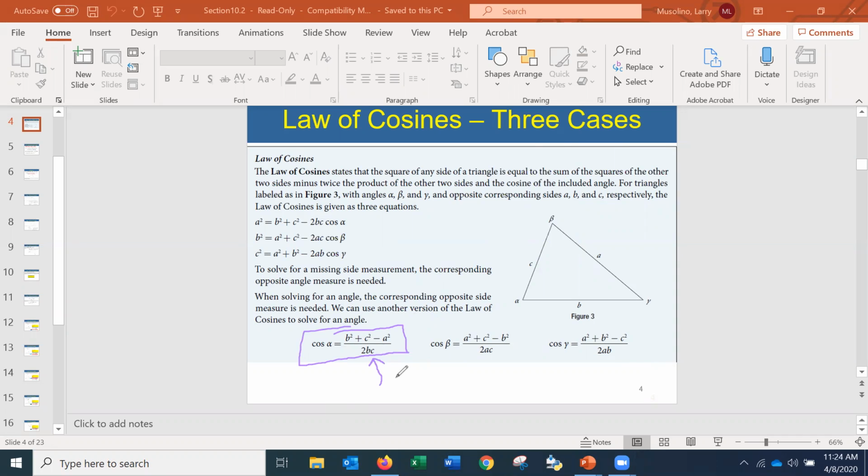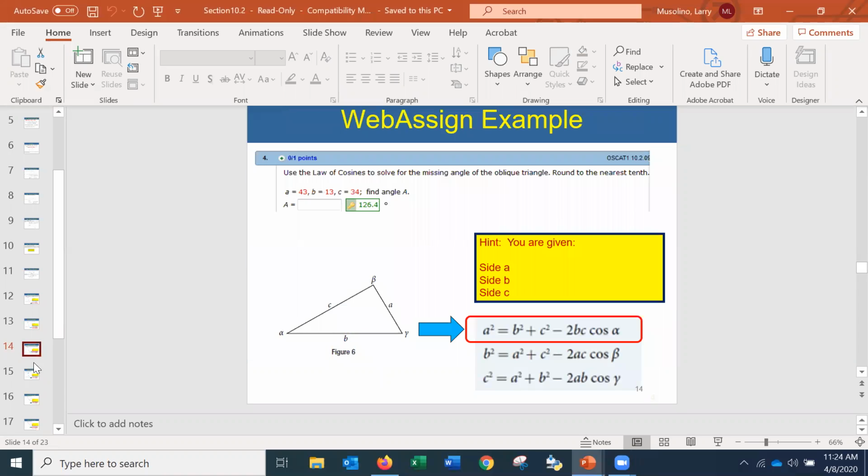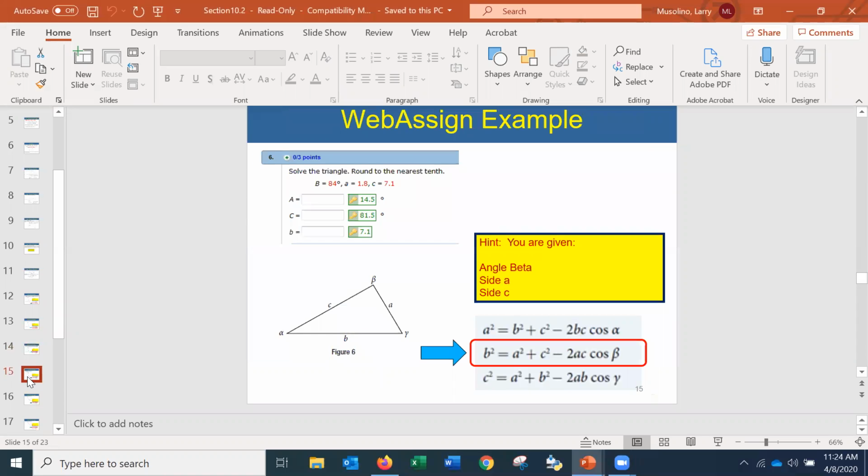The other option I have is, now that I know side B, could I go back and use law of sines? Because law of sines is actually a little easier to use. So if I could use law of sines, maybe I would want to do that. Let me try it out and see what happens. So let me write down law of sines.